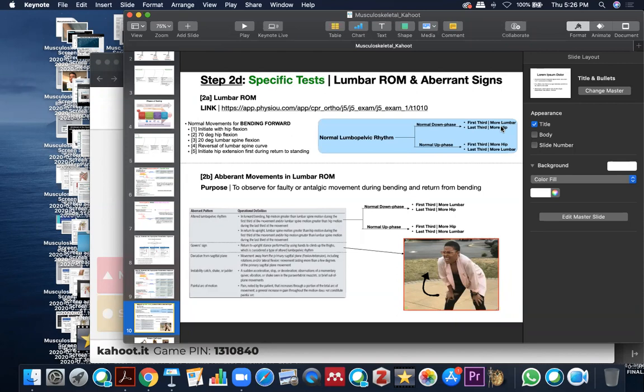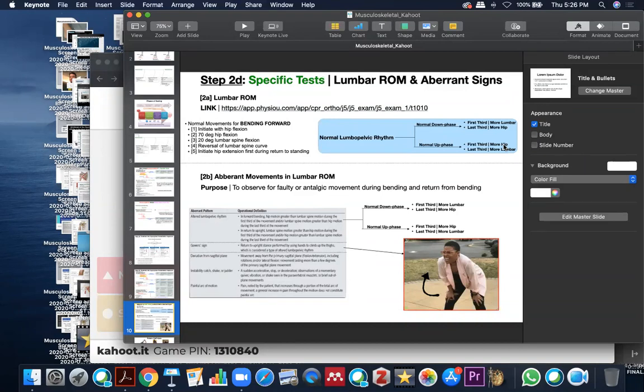And that would have to be anterior pelvic tilt. And then when you do the up phase, so you're extending back up to erect standing, everything's reversed. So instead of lumbar then hip, now it's hip then lumbar, and the movements are the antagonists. So instead of anterior pelvic tilt, now you've got posterior pelvic tilt.